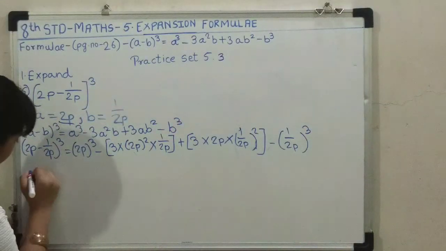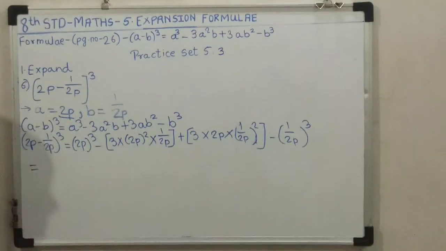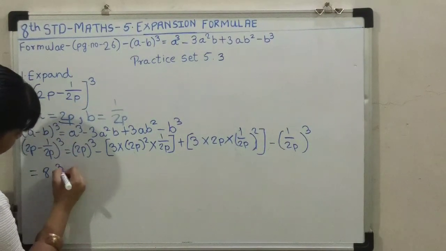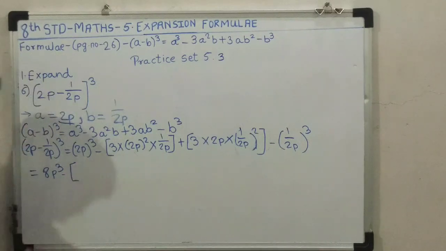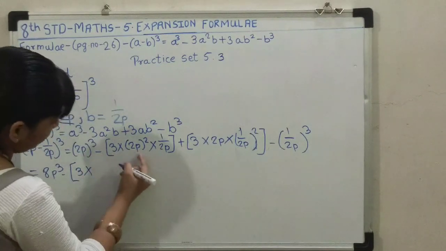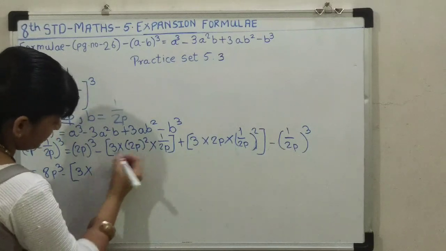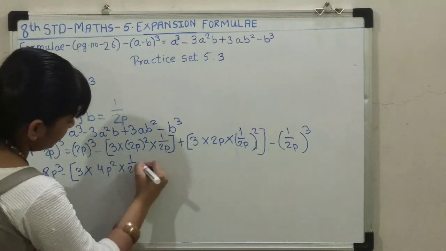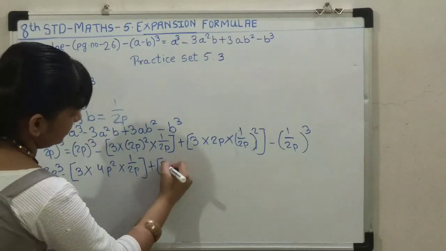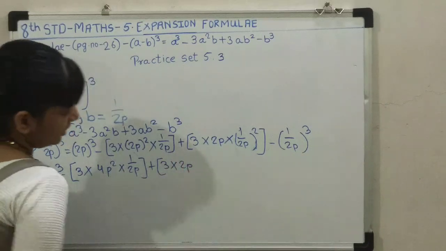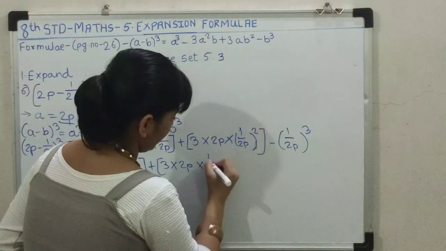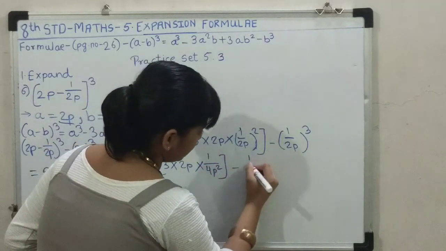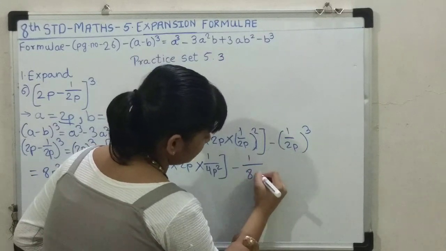So here the answer will be: 2 cubed is 8 and p cubed is p³, minus 3 into (2p)². So 2 squared is 4 and p squared is p², into 1/2p, plus 3 into 2p into 1 squared, which is 1 only, and 2 squared is 4, p squared is p², minus 1 cubed is 1, 2 cubed is 8 and p cubed is p³.